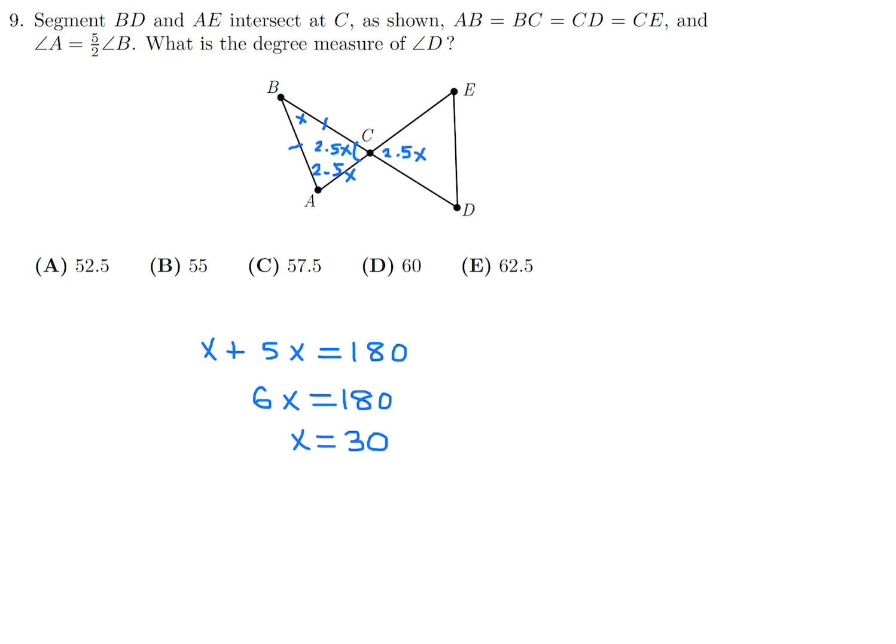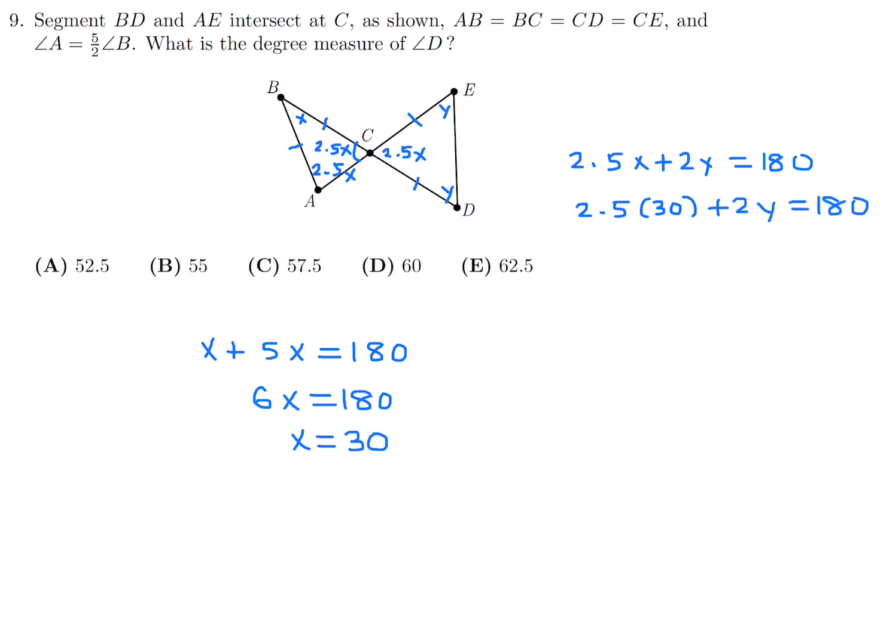All right? AB is equal to BC, but also it's equal to CD and is equal to CE. So that's also isosceles right there. So I can call this y, and therefore that is y. So 2.5x plus 2y is also equal to 180. So 2.5 times 30 plus 2y is equal to 180.